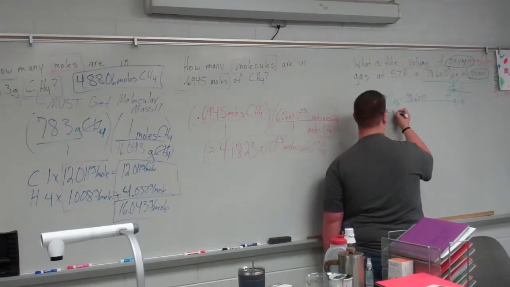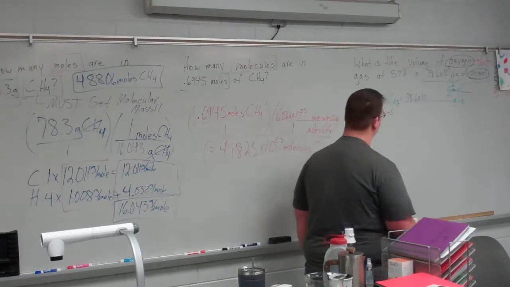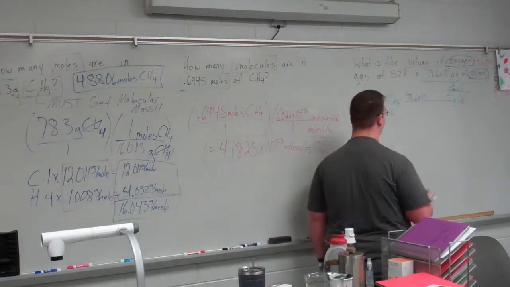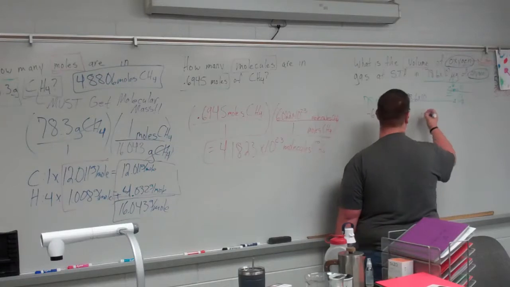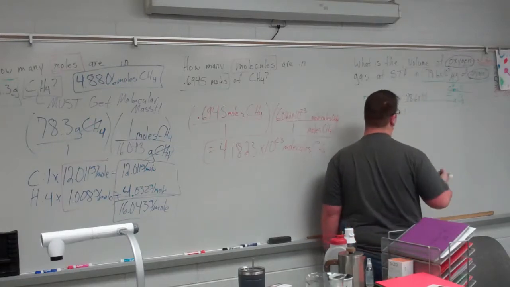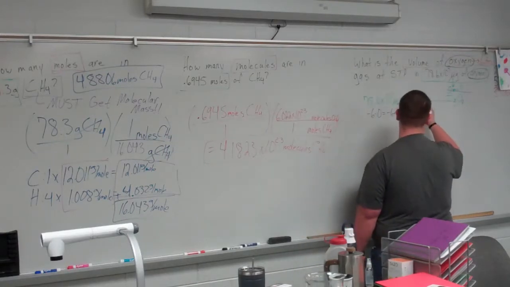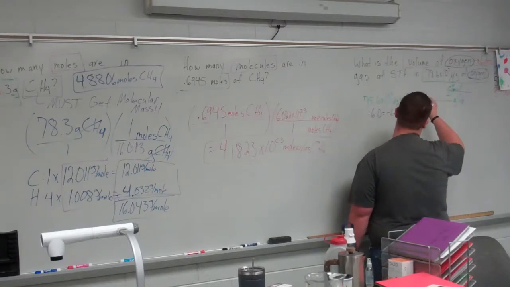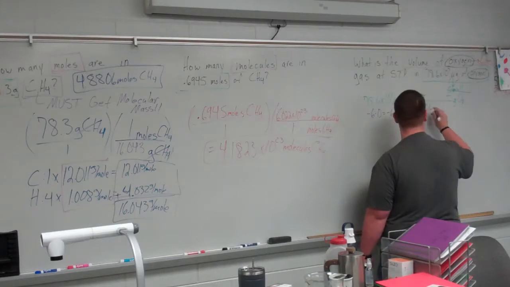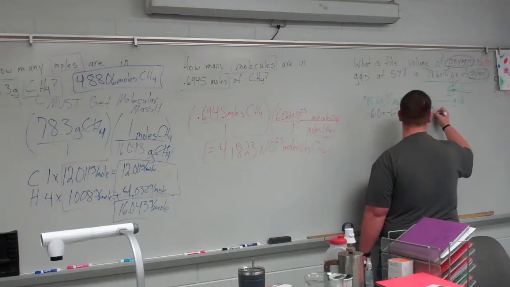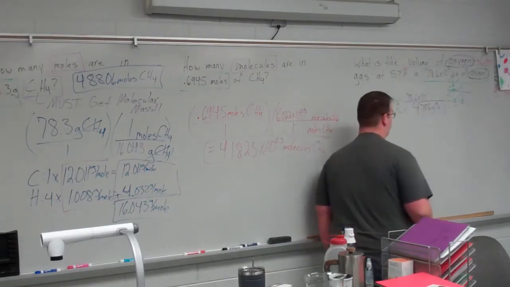Which equals -6. You're going to add, so plus 7 equals 1. So that's times 10 to the 1, which is 78.6 times 10, 786 grams of O2. And there's my starting point.